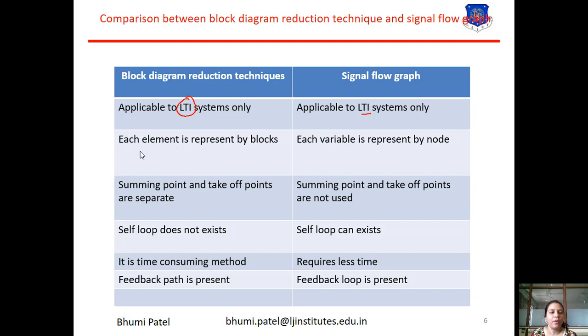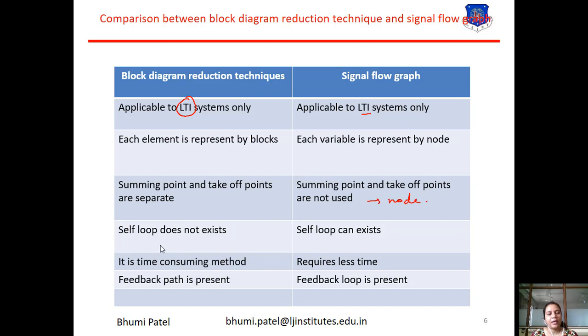Now in the block diagram, each element is represented by blocks, and in the signal flow graph, each variable is represented by node. In the block diagram, summing point and takeoff points are separate, and in the signal flow graph, summing point and takeoff point are not used. In the signal flow graph, we can use the node.